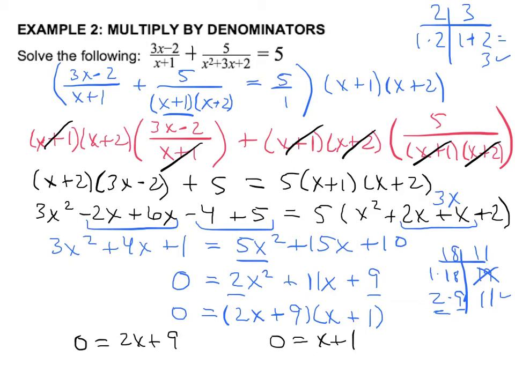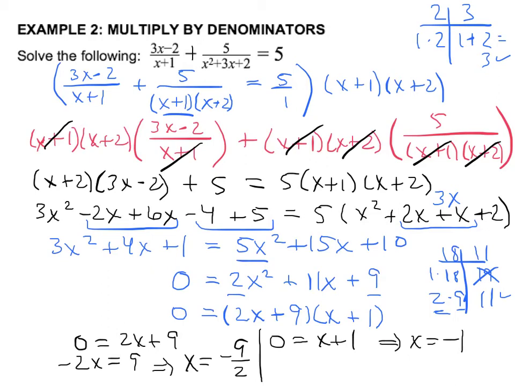So with our left equation, we would get negative 2x equals 9 if we move 2x over. And then that gives us x equals negative 9 halves. And then from our right equation, we just move the negative 1 over, so that would give us x equals negative 1.